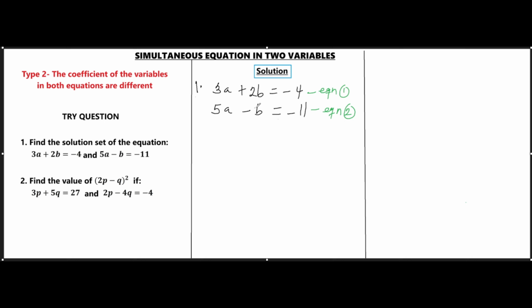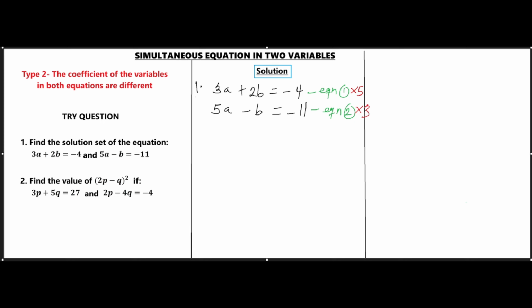So you have to decide. Now, if I want to eliminate a, how do I do that? I will do something we call cross multiplication. For equation 2, the coefficient of a is 5, so I will multiply equation 1 by 5, and I also multiply equation 2 by the coefficient of a in equation 1, which is 3.